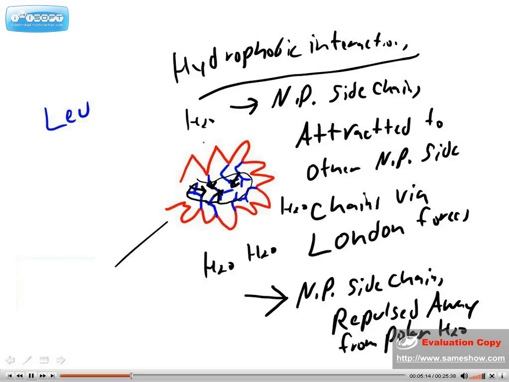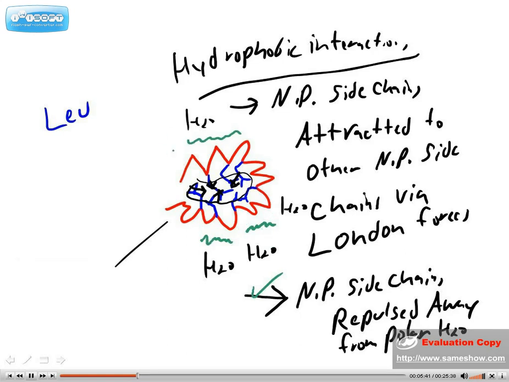They're going to be repulsed, and that's my repulse. They're going to be repulsed away from the water. So they're attracted to each other, like attracts like, nonpolar attracts nonpolar, and they're repulsed away from the polar water molecules.